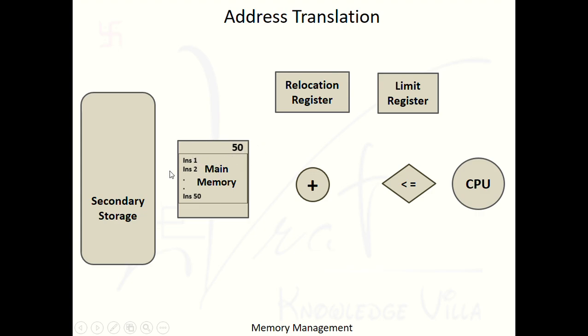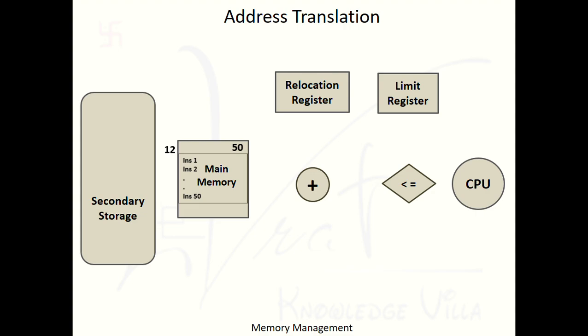Suppose before storing this program, 12 instructions are already stored inside the main memory. So after these 12, we are going to store our 50 instructions inside the main memory. Our starting address is 12. Get it? That we have to remember.